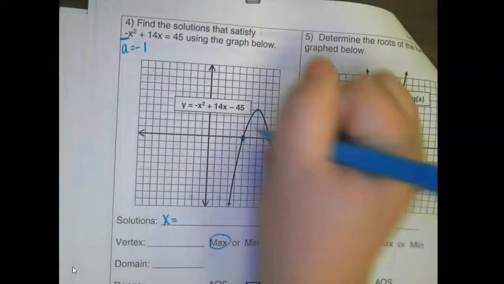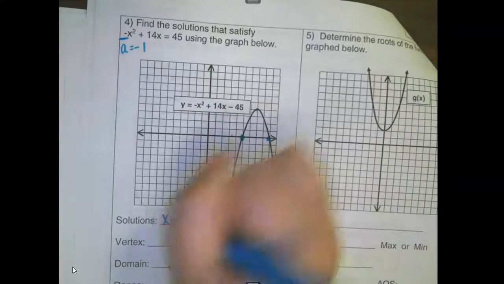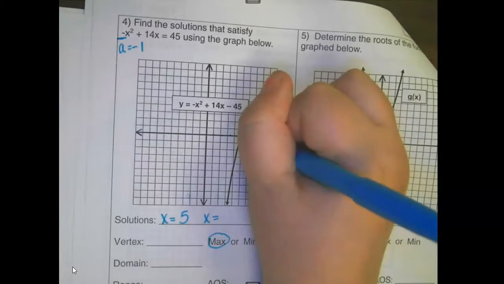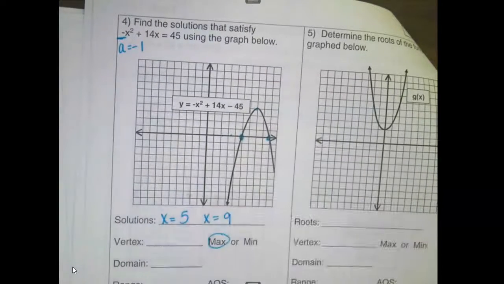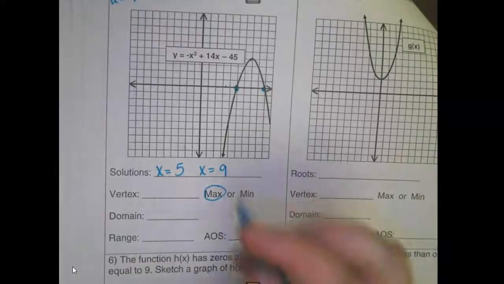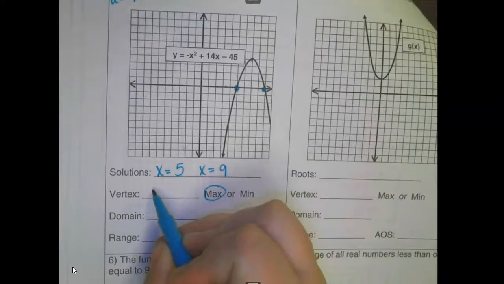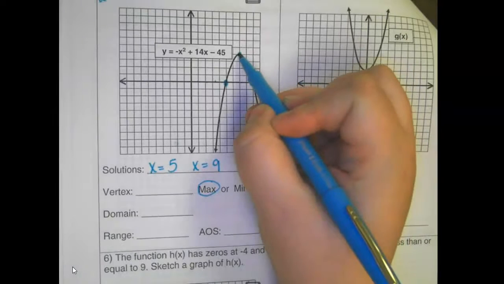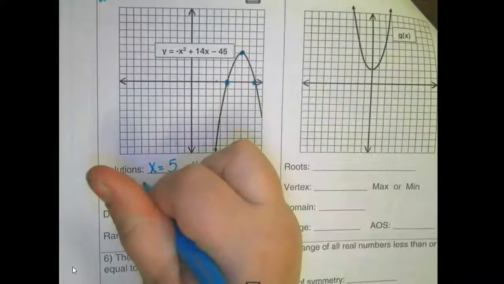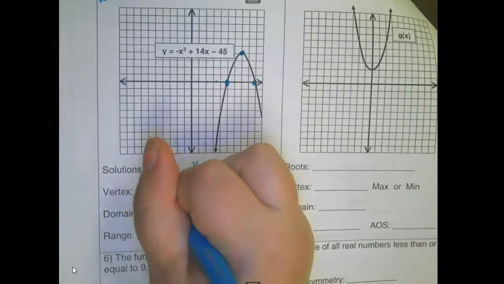X equals 1, 2, 3, 4, 5. X equals 6, 7, 8, 9. And those are my 2 solutions. My vertex is right here. It's going to be the highest point in this case, which is 7, 4.